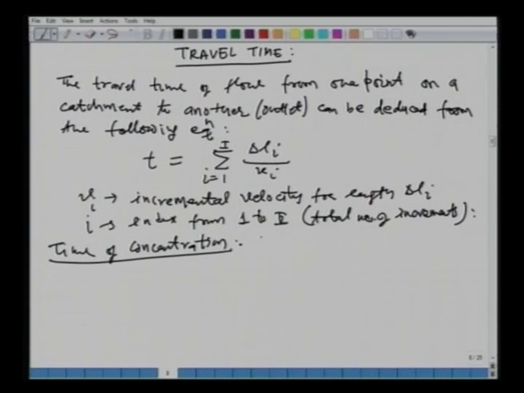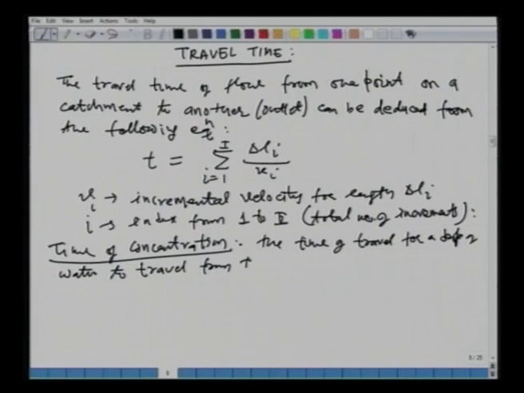Well, it is nothing but the time of travel for a drop of water, or for water, to travel from the remotest location to the outlet of the catchment. It is very simple. In simple terms, that is how we define the time of concentration.